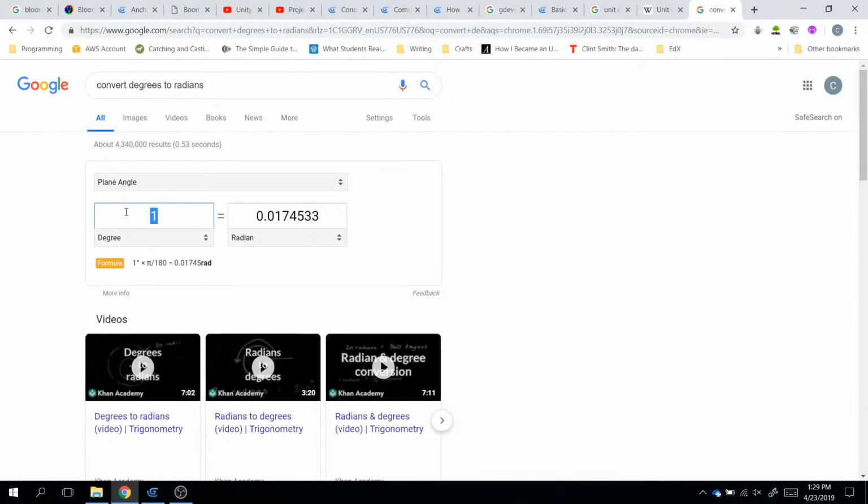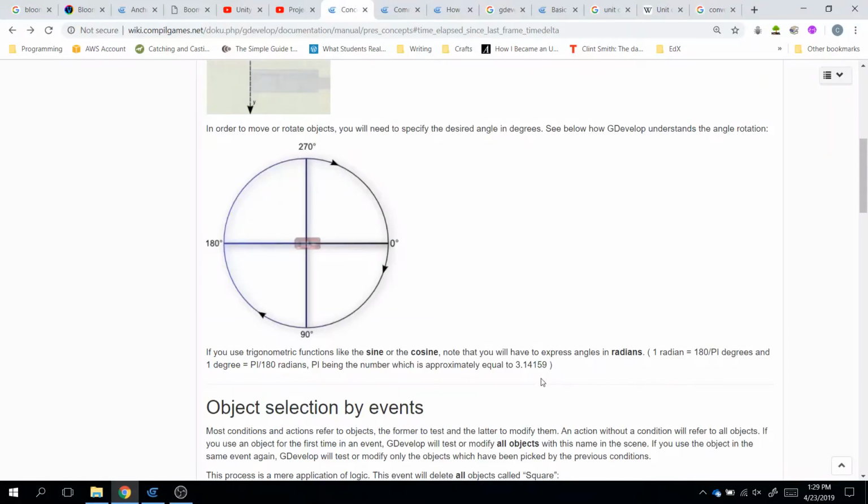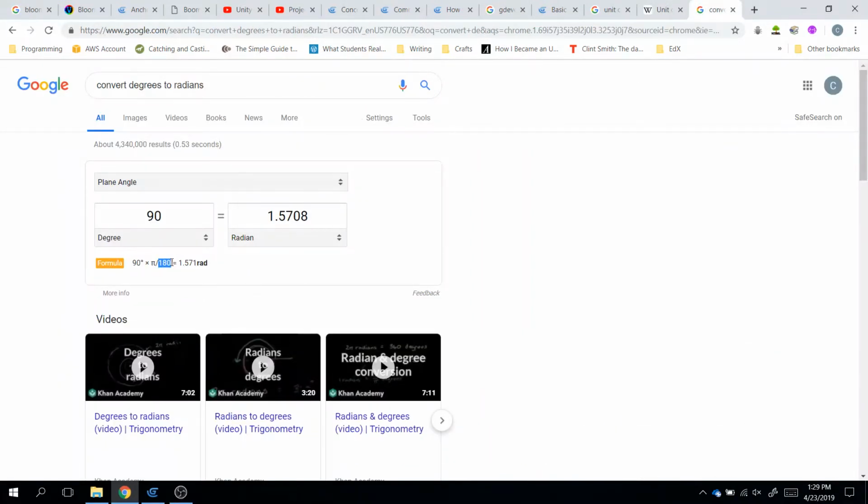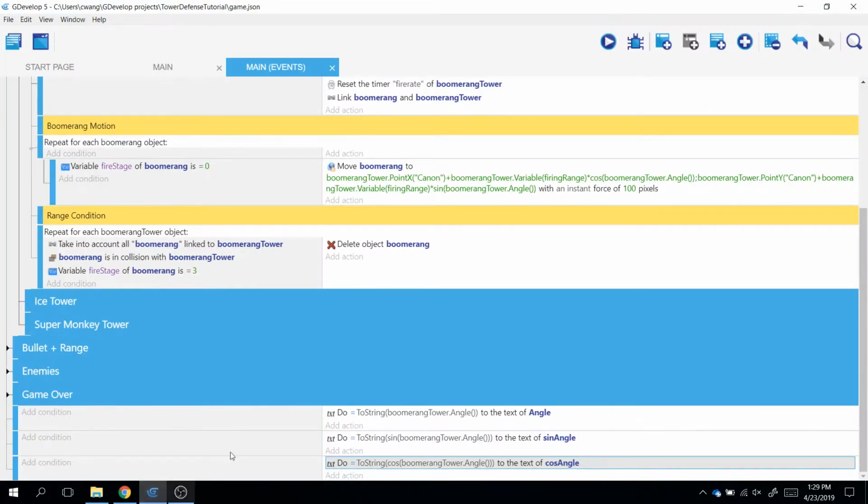So, let's put, I don't know, 90. What I need to do is multiply my degrees by pi, which they said is approximately 3.14159, and then divide it by 180, and then I get the radians. Okay, let's try that.